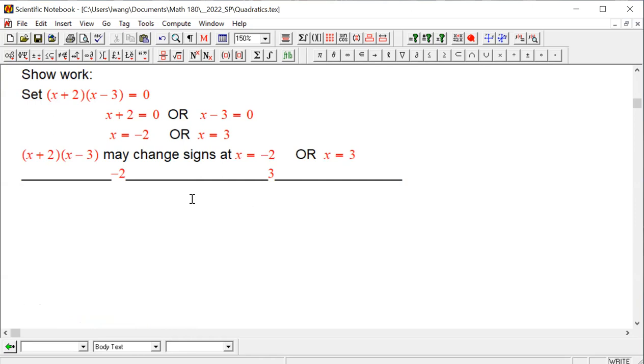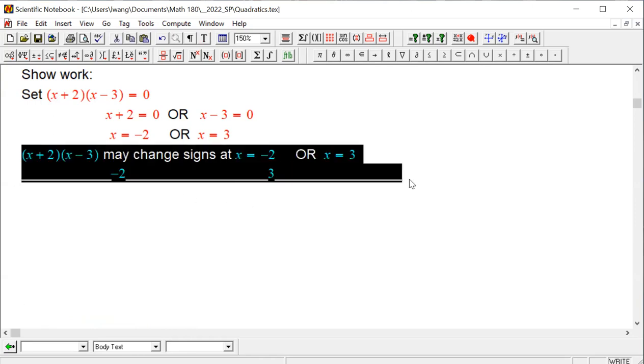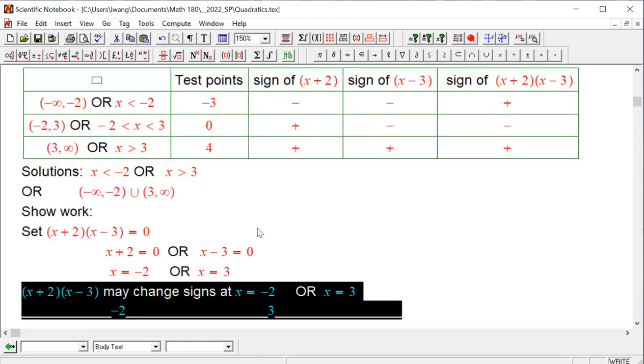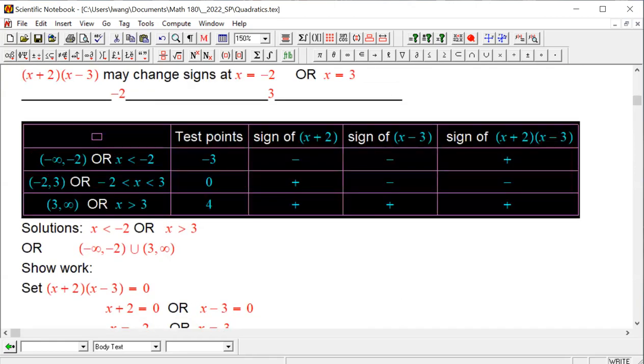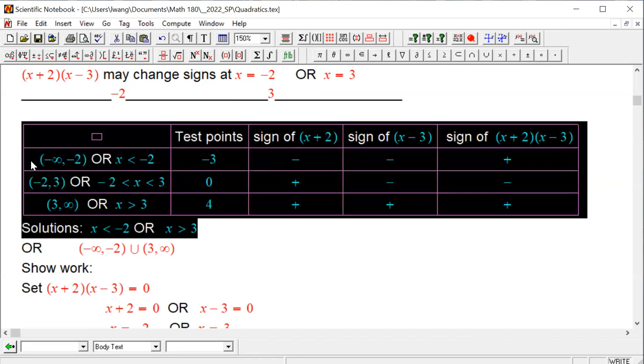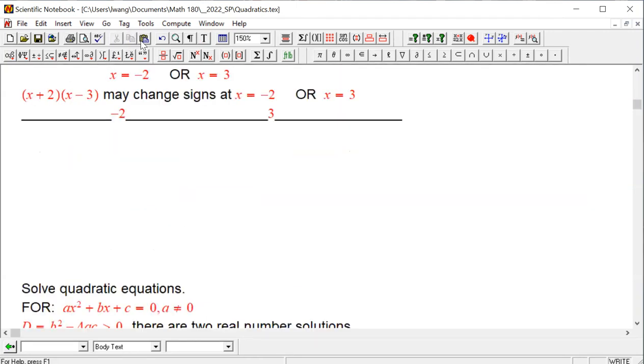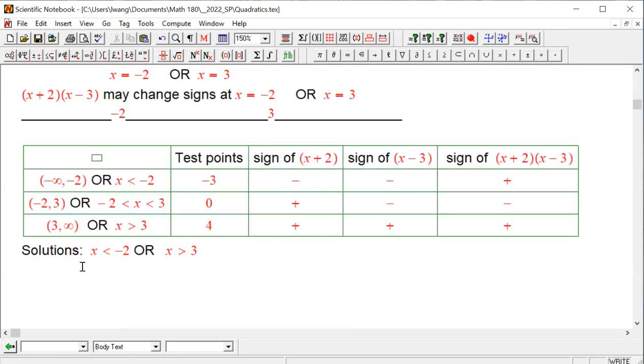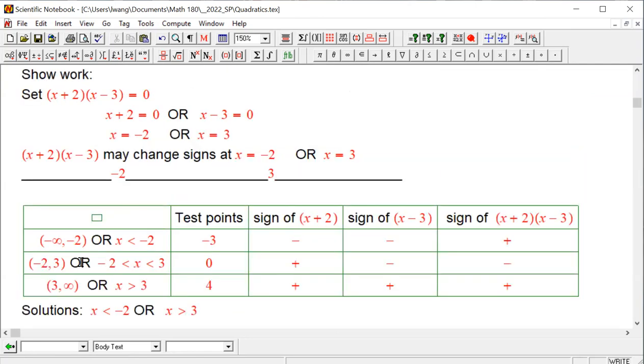They don't understand. So you need to understand why you do this. For that reason, I put this here. And then you just put a table and the solution, and that's it.